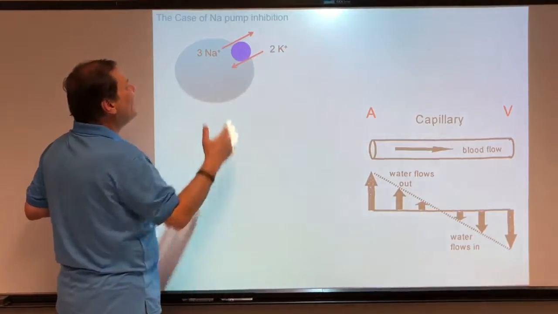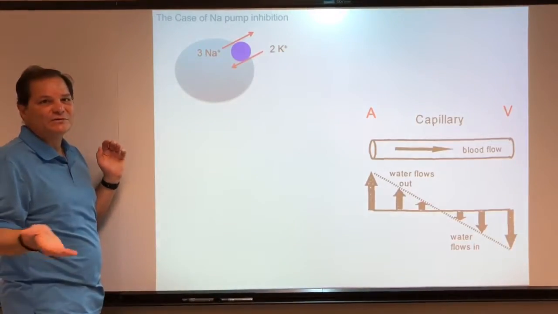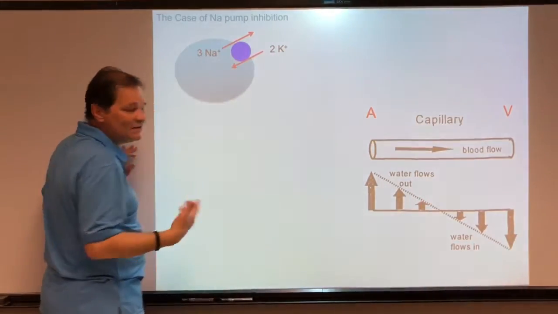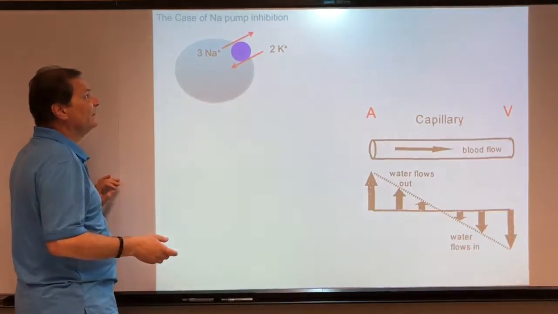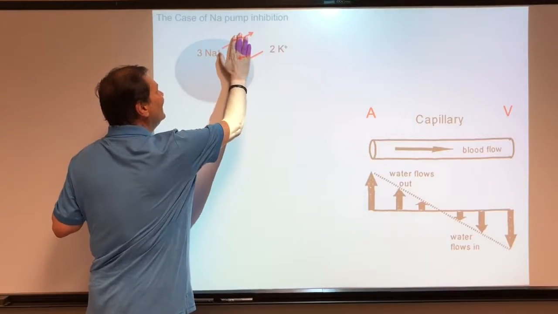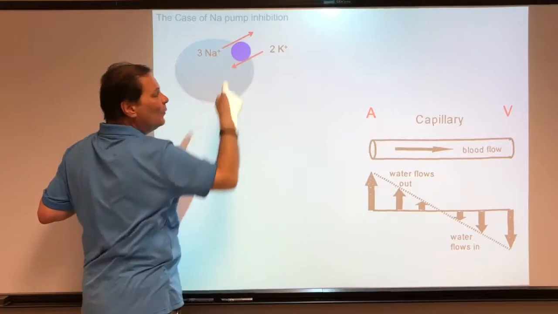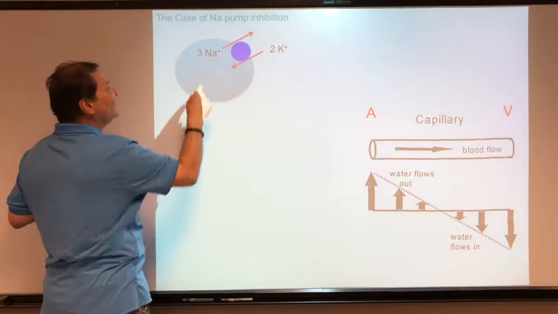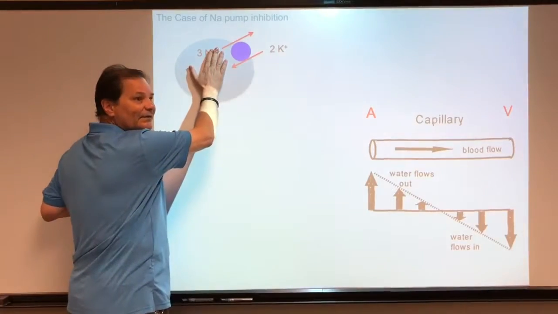So now, what happens if I inhibit this pump? And you will do this very frequently as a physician, using something like digitalis to treat heart disease. So I add digitalis, I inhibit the sodium potassium pump. Now, I'm no longer moving this extra sodium out. So what's going to happen is that sodium is going to accumulate inside the cell.